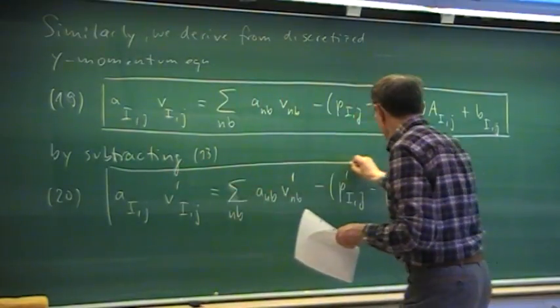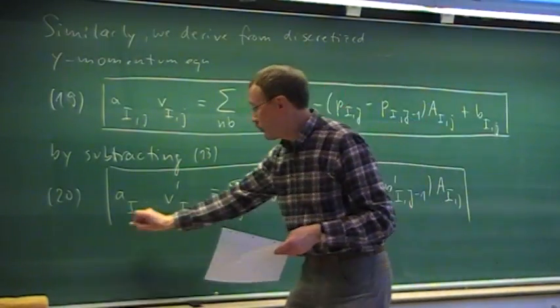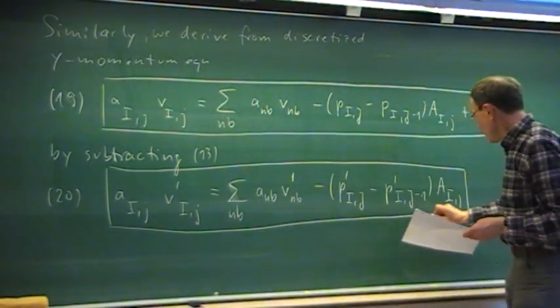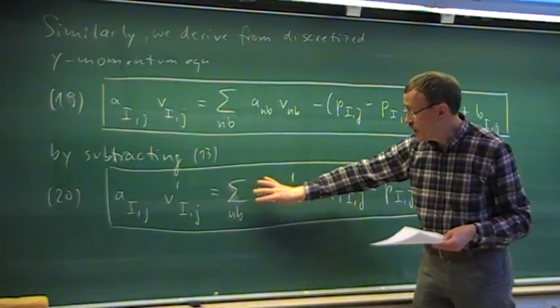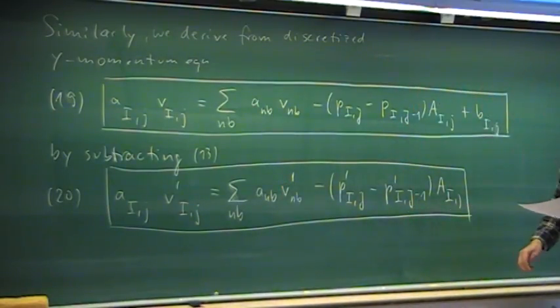And then in the simple algorithm, we do the same approximation as we did for u prime, that we neglect the contributions here from the neighboring nodes.